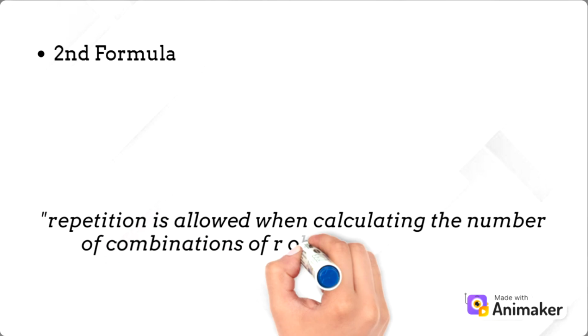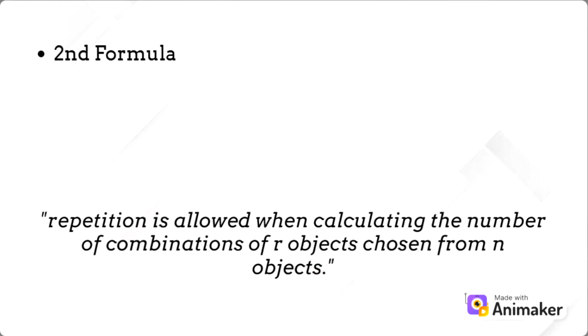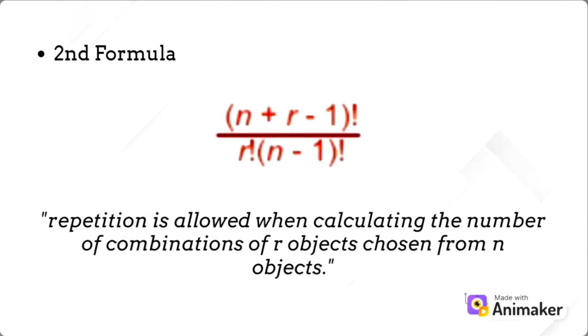In the second formula, repetition is allowed when calculating the number of combinations of r objects chosen from n objects. The combinations of r objects chosen from n objects is equal to n plus r minus 1 factorial over r factorial multiplied by n minus 1 factorial.